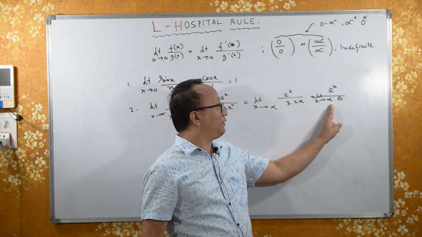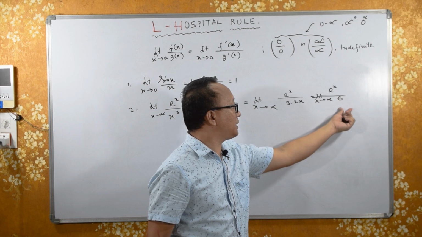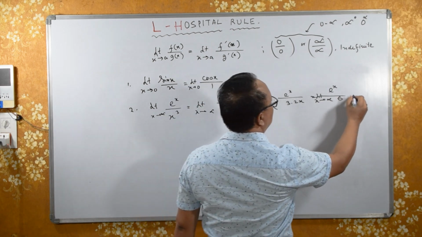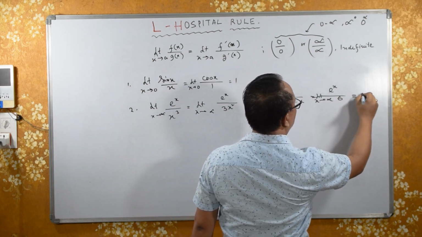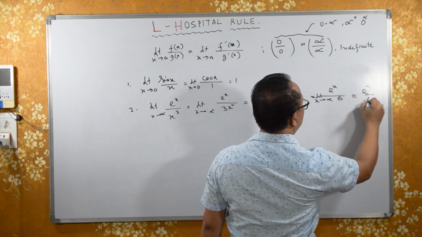Now when x tends to infinity, e raised to x upon 6 is the same as e raised to infinity upon 6.